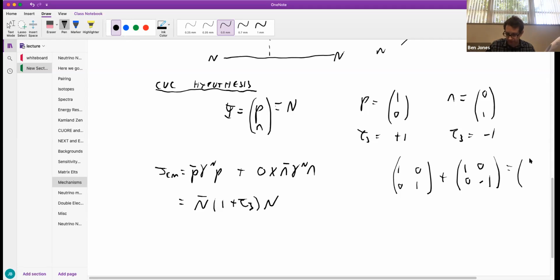So that will give us the one that will pick out only the proton.